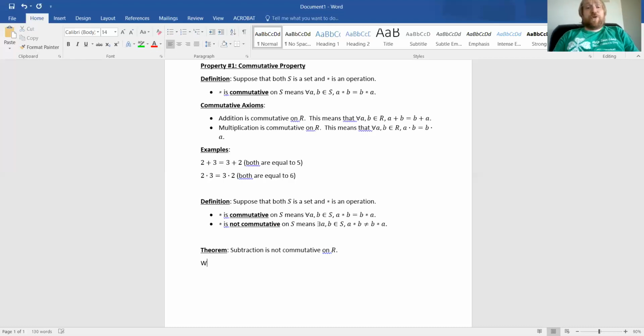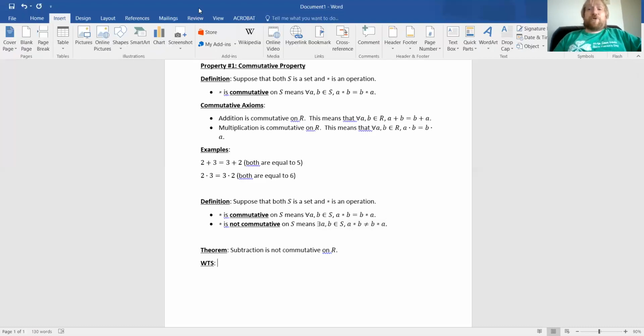I'm going to use the abbreviation WTS for want to show. So, I need to take the definition of not commutative. I need to apply it to the set being the reals and the operation star being subtraction.